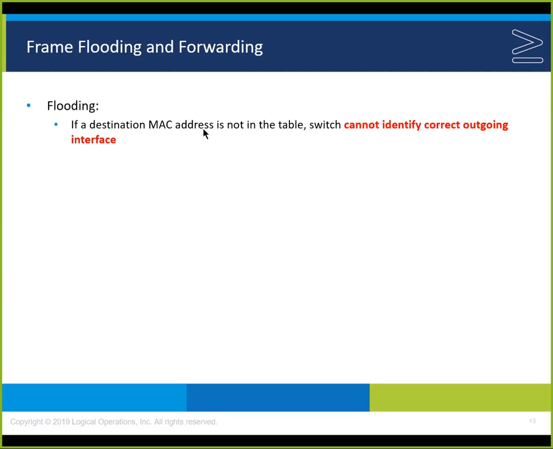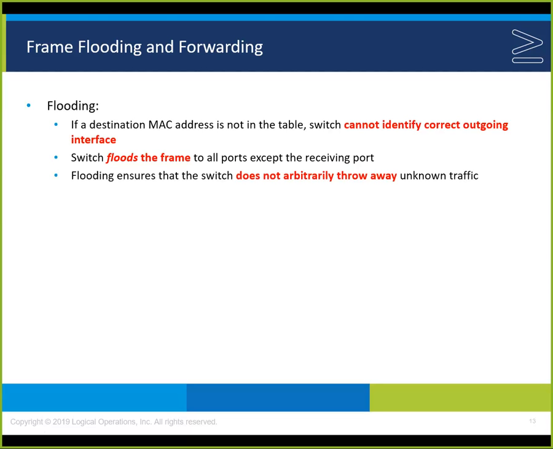Flooding and forwarding, I think we've probably already done a lot of this. Flooding: if the destination MAC address is not in the table, the switch can't identify the outgoing interface. So it floods the frames to all the ports except the port that the frame came in on, the receiving port. Ensures that the switch does not arbitrarily throw away unknown traffic.